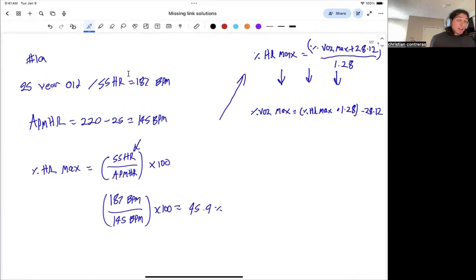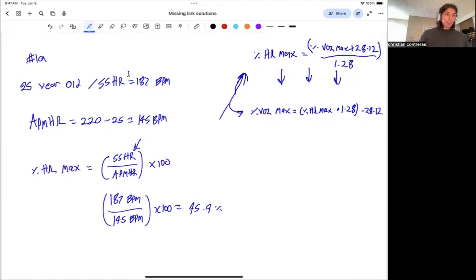Now, again, especially on an exam, I would show the steps of rewriting this equation to get the equation we talked about earlier, just so Andrews knows where you're getting the equation from. But once you have it memorized, you can just plug in the values. So we know that percent VO2 max is equal to, in this case, 95.9 times 1.28 minus 28.12.